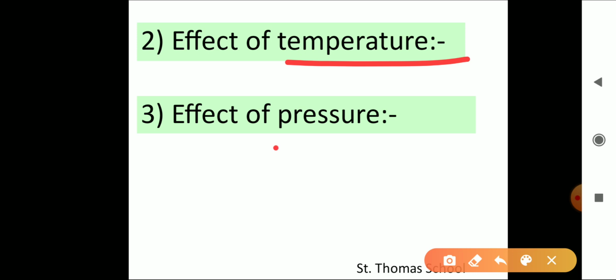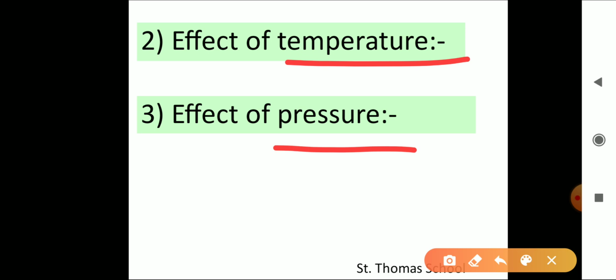Okay, next is the effect of pressure. You know that a solid is incompressible, so pressure will not affect it. Why? Because a solid is rigid. If we apply pressure on a solid, we can't compress it. If you have a big stone, can you make it smaller by pressing it? No, you can break it, but you can't compress the solid.